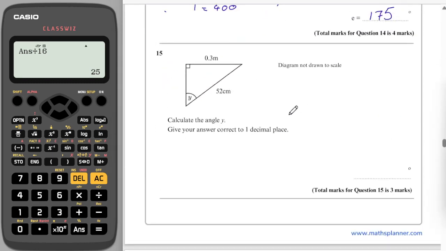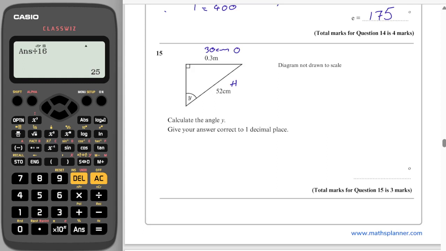Okay, question 15. Calculate the angle Y, giving your answer correct to 1 decimal place. So we've got a difference of units here, so I'm going to convert that to 30 centimeters. And then we've got this side being the hypotenuse and this side being the opposite. We're using trigonometry because we're dealing with 2 sides and an angle.